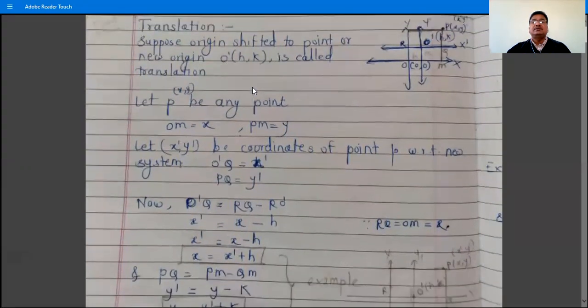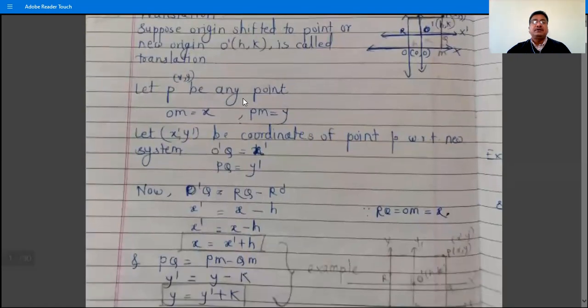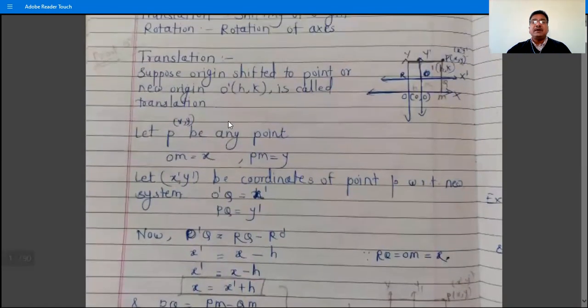Suppose the origin is shifted to the new point (H, K). Let P(x, y) be any point in the plane. These x and y are the old coordinates of this point. What is x?